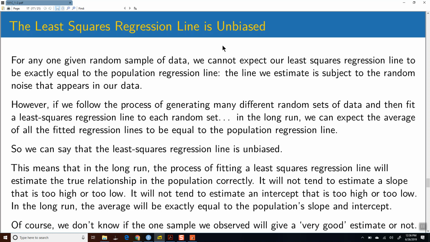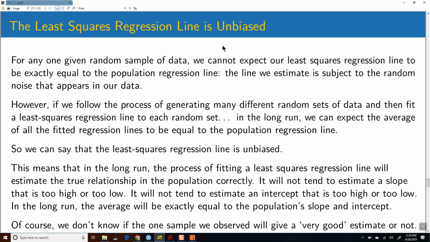In the long run, we don't expect our least squares regression line to overestimate or underestimate the slope. It's not going to overestimate or underestimate the intercept. If we did this process of taking a random sample, fitting a regression line, taking another random sample and fitting a regression line, and another, and we get a whole bunch of these and look at all of the different slope values that we fit, some of the slopes will be too steep, some of the slopes will be too shallow in comparison to the true regression line.